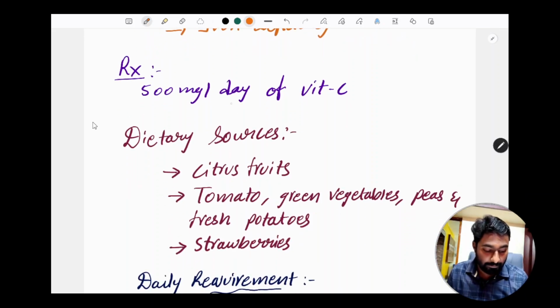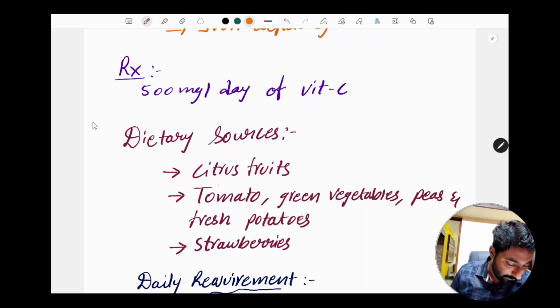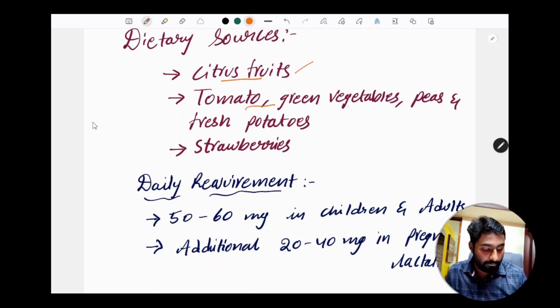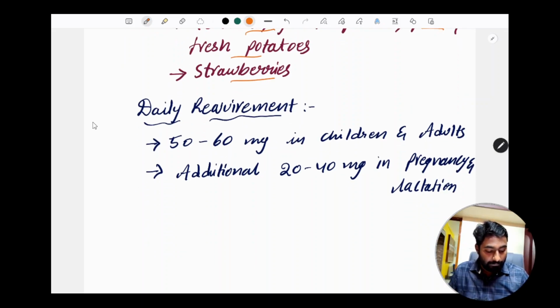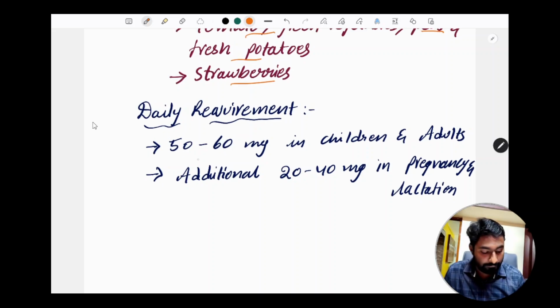It is 500 milligrams per day of vitamin C. The dietary sources are citrus fruits, tomato, green leafy vegetables, peas, fresh potatoes, and strawberries. Daily requirement is 50 to 60 milligrams in children and adults, with an additional 20 to 40 milligrams in pregnancy and lactation.